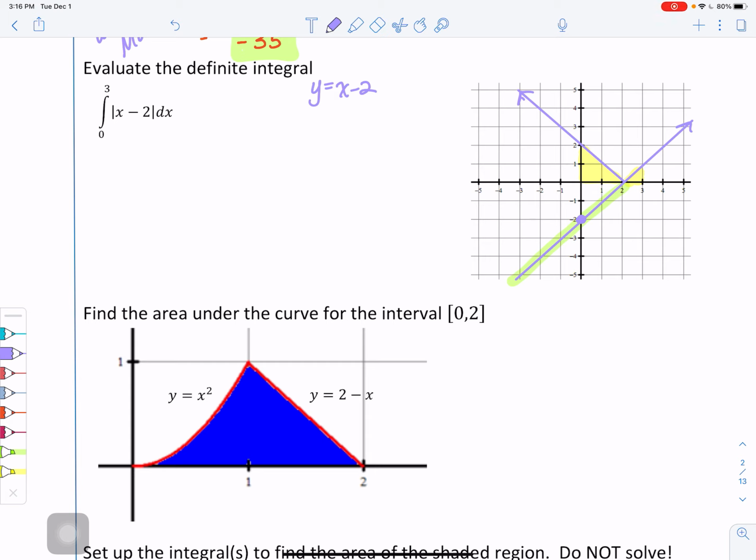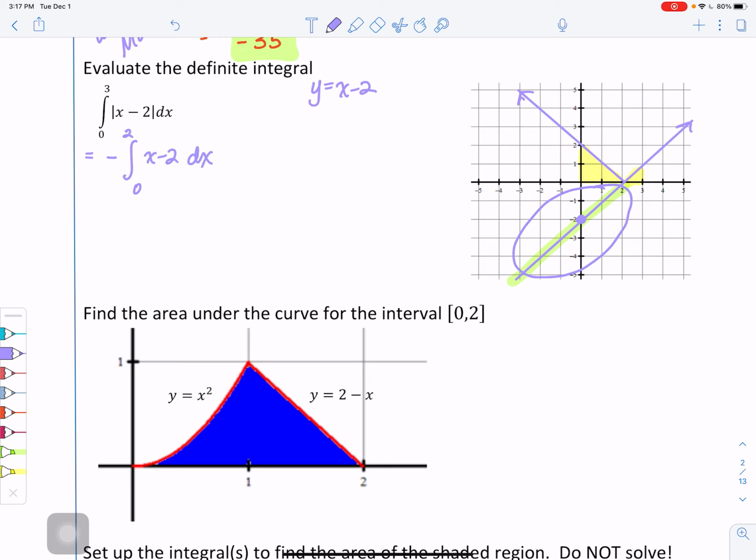So what if we said this was equal to the opposite of the integral from 0 to 2 of x minus 2 dx first? Because if we took the area here, it would be negative, and so we could just take the opposite of it. So that works out fine.